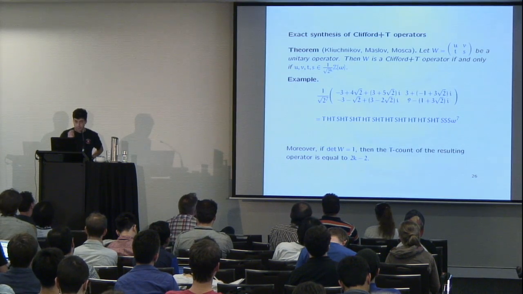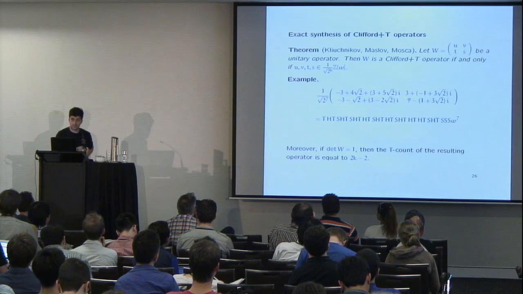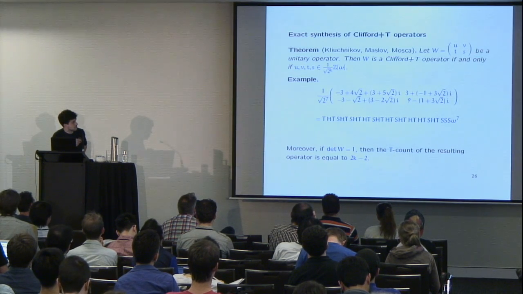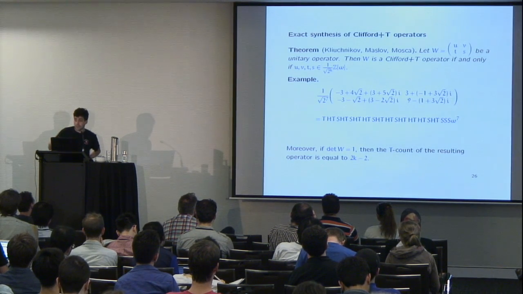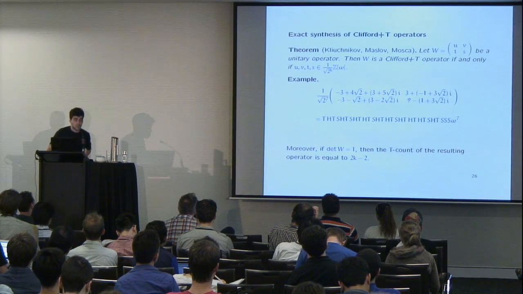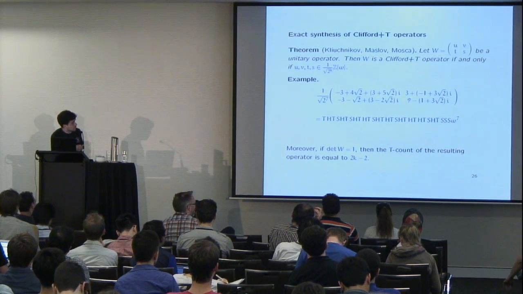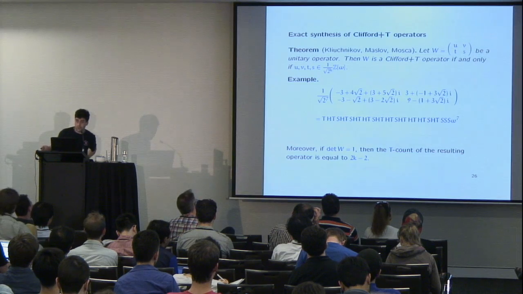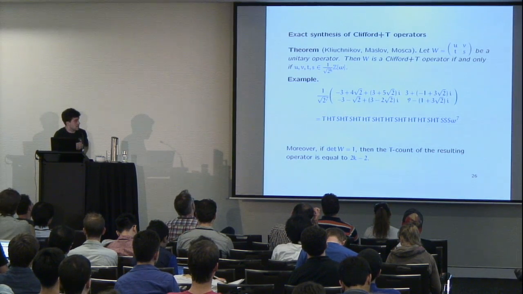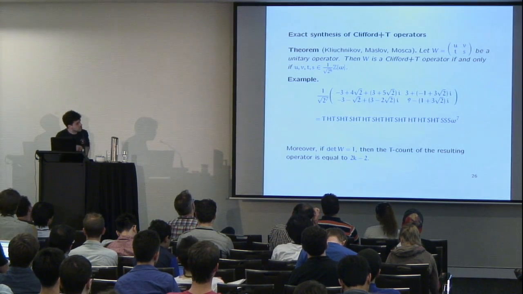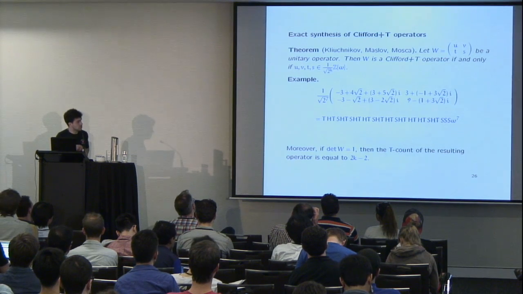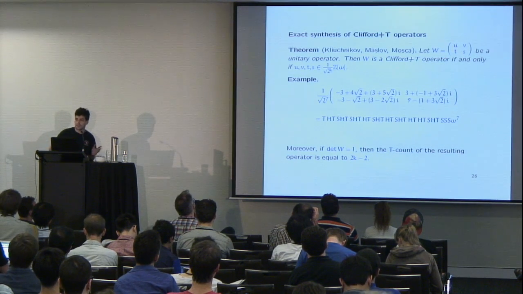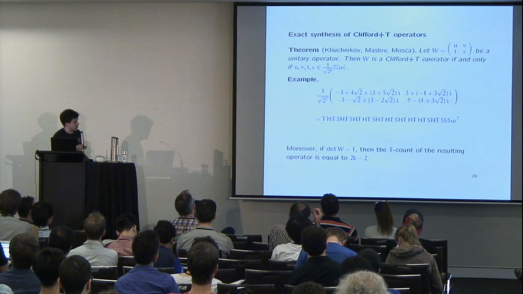Now, the other great thing about this paper is that they give an algorithm to transform a matrix of this form into a circuit. I don't think it produces a Matsumoto-Amano normal form, but you can use their algorithm to rewrite the circuit in its normal form, should it not already be that way.